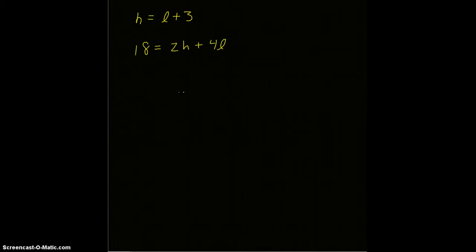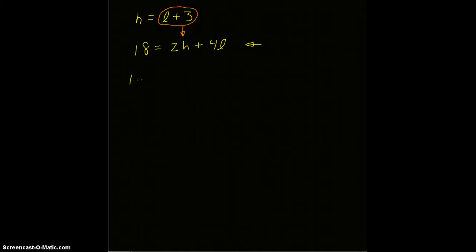I'm going to use this formula, the second one, and we'll notice we've got H sitting here. But H, I'm told by the first formula, is the same thing as L plus 3. So instead of H, I can substitute in L plus 3 because H equals L plus 3. So this second formula becomes 18.